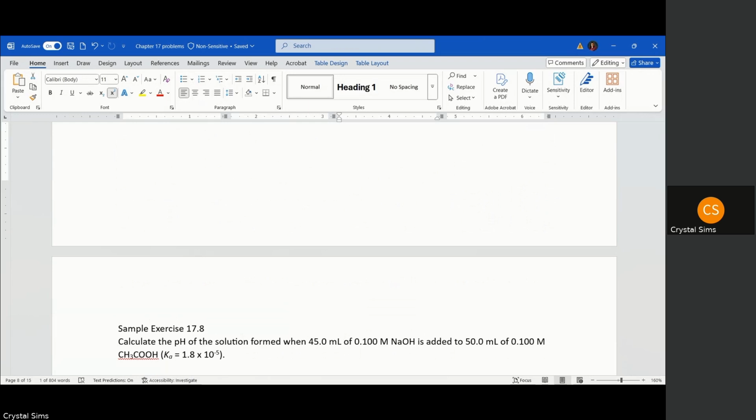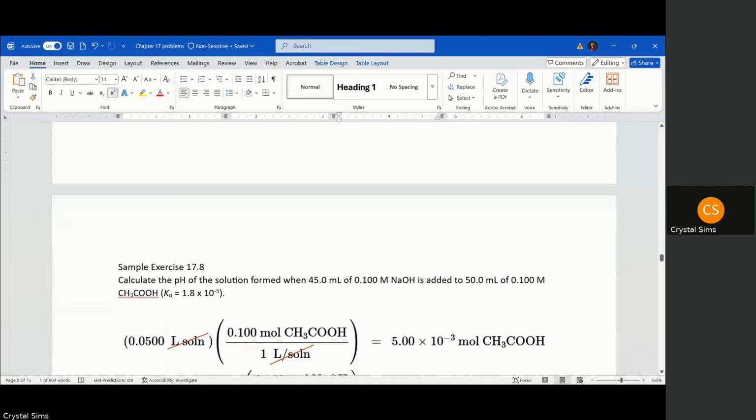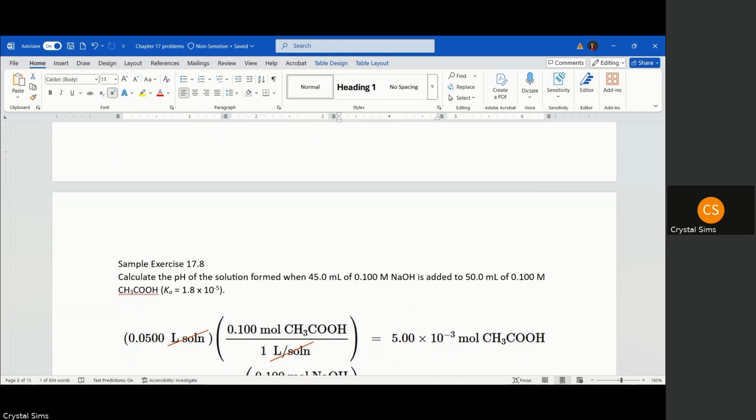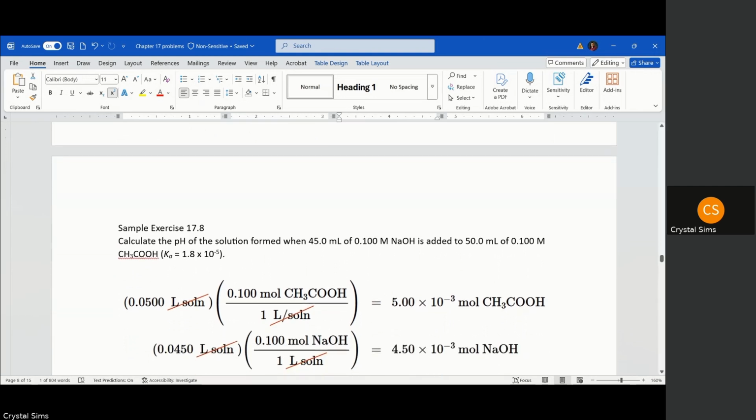So the first thing we have to do, of course, is get our stoichiometry. So if we have 50 milliliters of the solution, then we have 5.00 times 10 to the negative 3 moles of acetic acid, and we're going to add 45 milliliters of the sodium hydroxide solution to that. So we'll have 4.50 times 10 to the negative 3 moles of the sodium hydroxide.